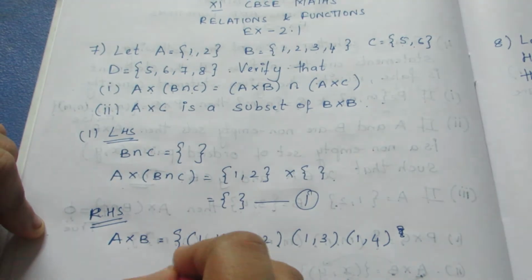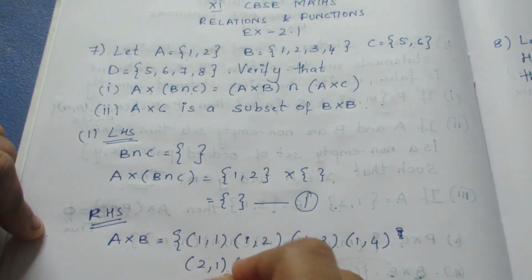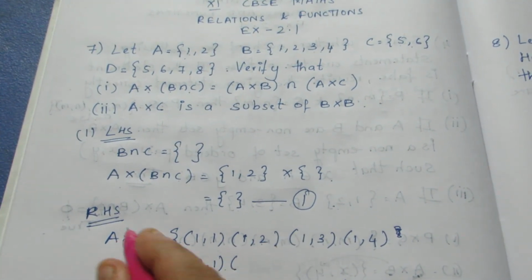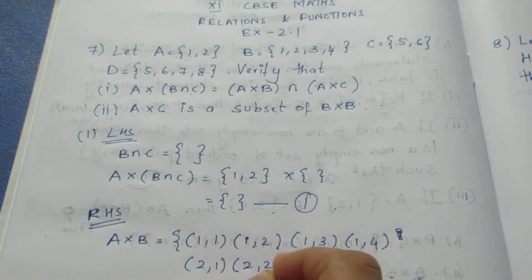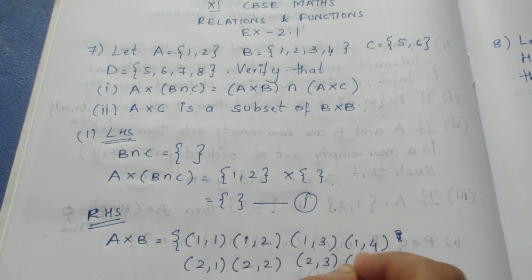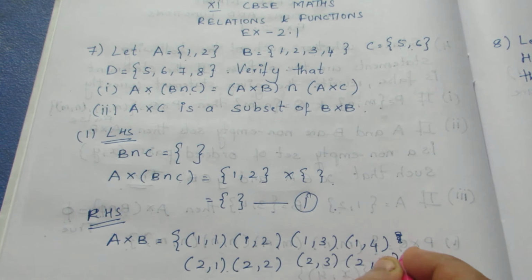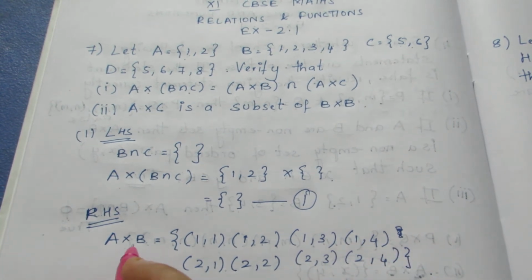Next with 2: (2,1), (2,2), (2,3), (2,4). So I have found A cross B.